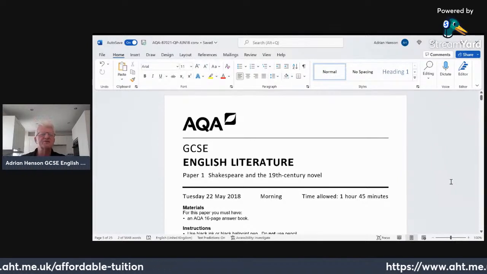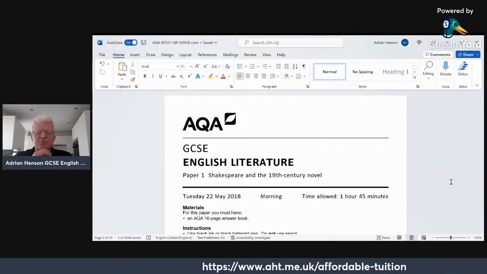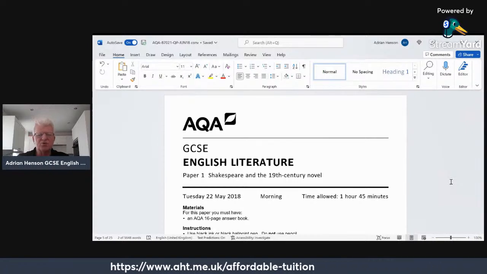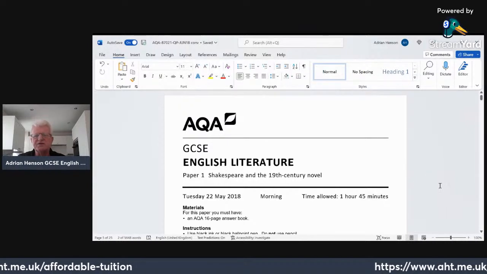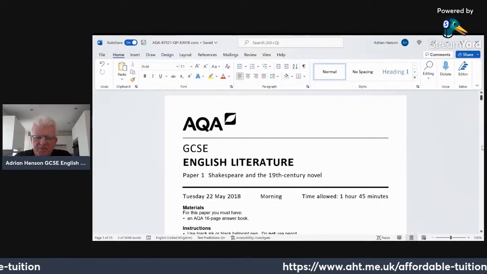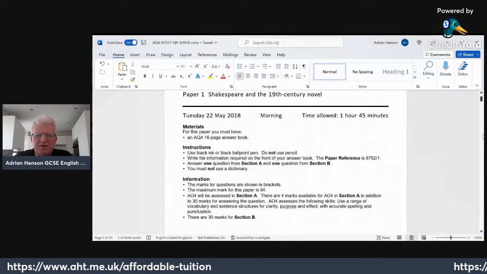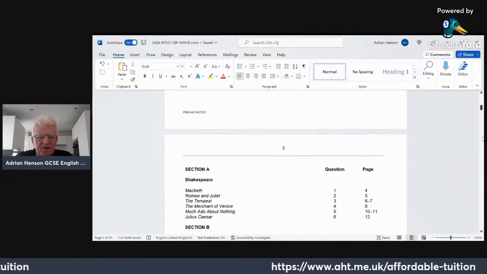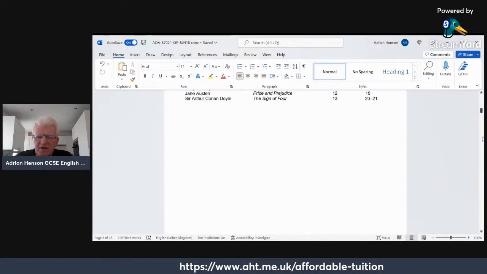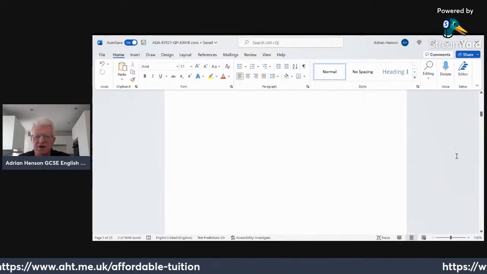So in total that's 105 minutes. You've got a bit of reading time in that, but realistically you have about 45 minutes, say 40 minutes, for each question you approach. So if you're doing Shakespeare's Macbeth, you'd want 20 minutes on the extract and 20 minutes for the rest of the play. And then just make sure you write it pretty well.